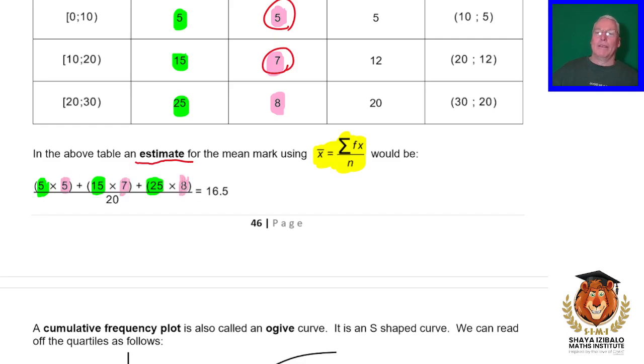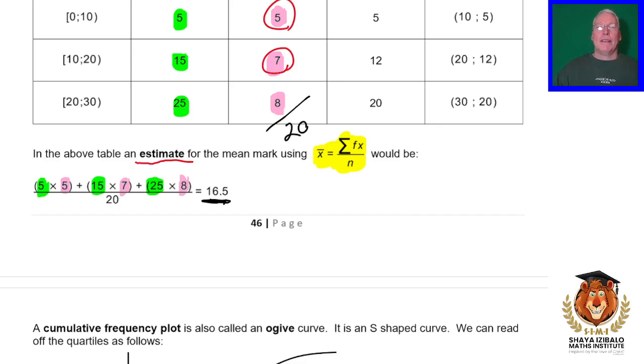So I've actually got x times f rather than f times x. That's the same thing. And then obviously there are a total of 20 people here. If we add up 5 and 7 and 8, that's 20, and that would give us an estimate for the average mark. It's not the exact average mark, because we don't have the original data. So it's just an estimate, but it works out surprisingly accurately.